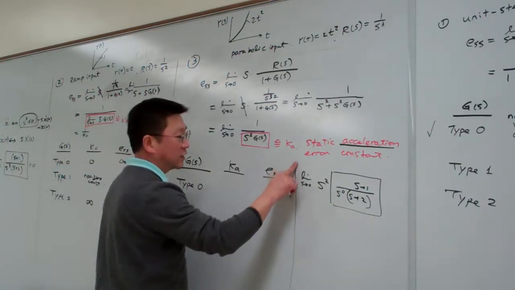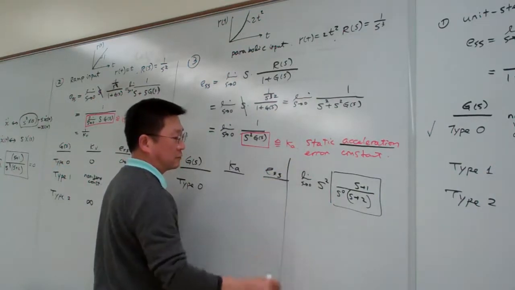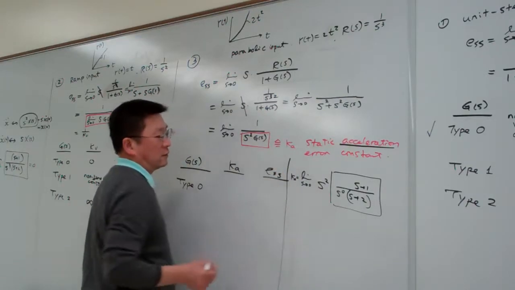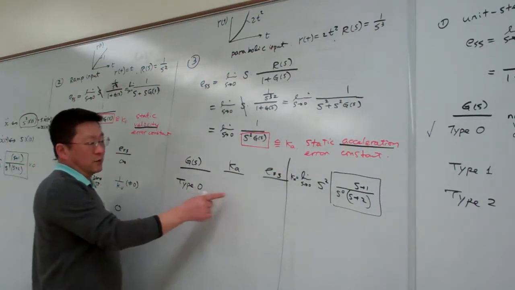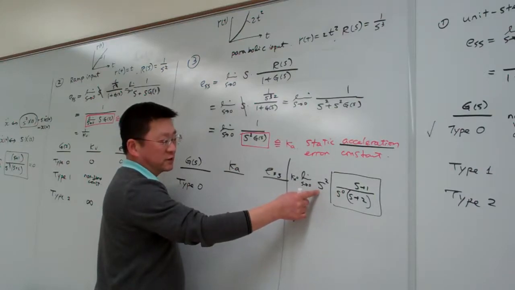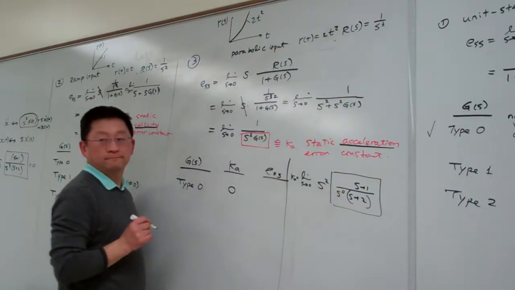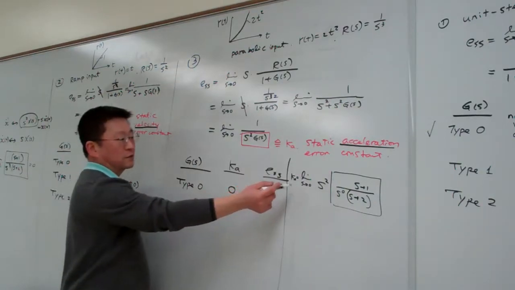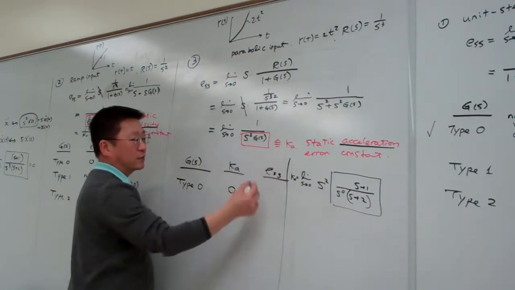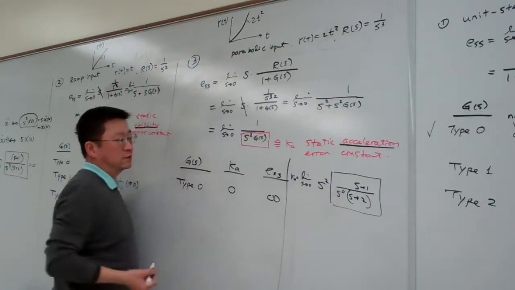Okay, so this is Ka. So for a type 0 system, you can see Ka becomes 0, right? Okay, so Ka becomes 0, then we plug into here, ESS is infinity.